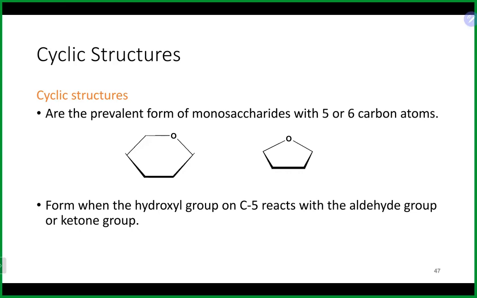But again, the importance here is that as it's closing in on itself to make this ring structure, an oxygen does get incorporated into the ring. So we actually have one less carbon than in a cyclohexane or a cyclopentane. This particular ring here has only 1, 2, 3, 4, and 5.